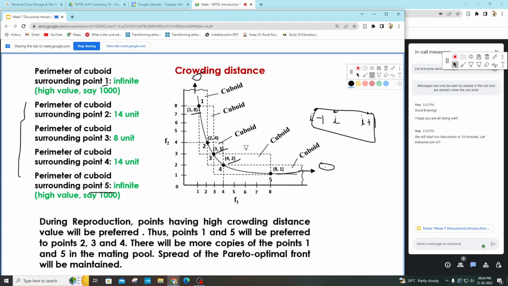And for other points we can find out the crowding distance. Like when we are finding the crowding distance of point 2, you take this rectangle, which I have tried to highlight. So for this rectangle, how will we find the perimeter? Perimeter is twice L plus B, right?